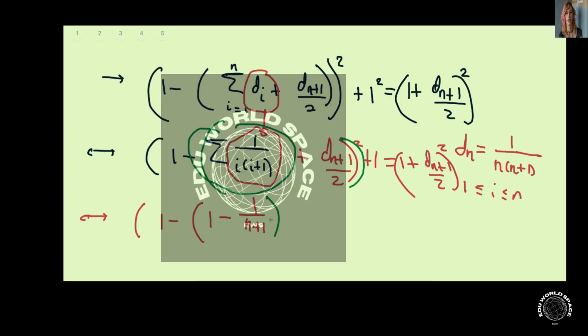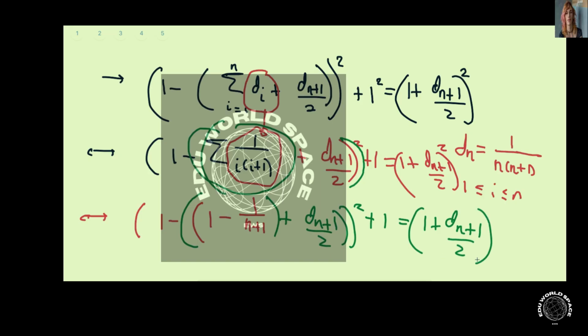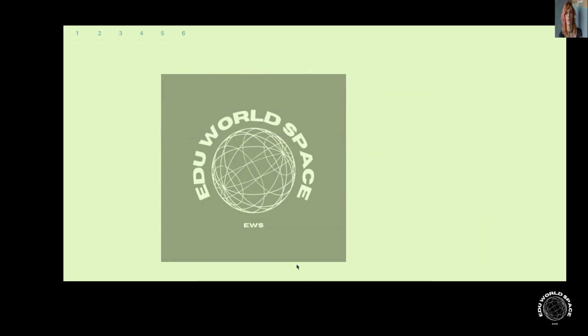And then we still have dn plus 1 over 2, squared, plus 1. We're almost there. So I'm going to go on to the next page. So now we could cancel those 1s.